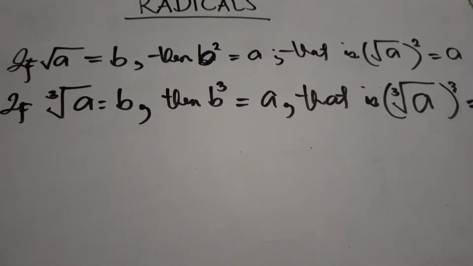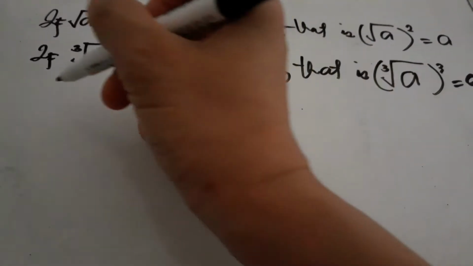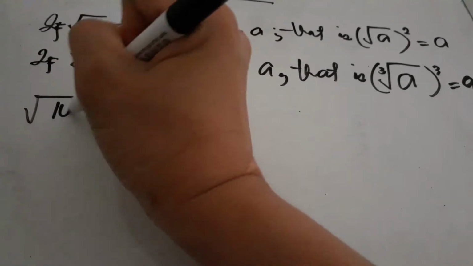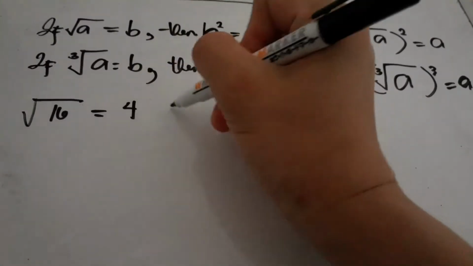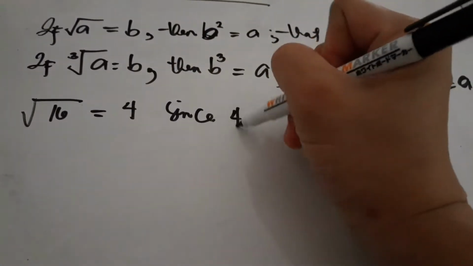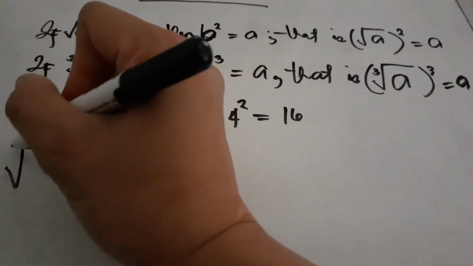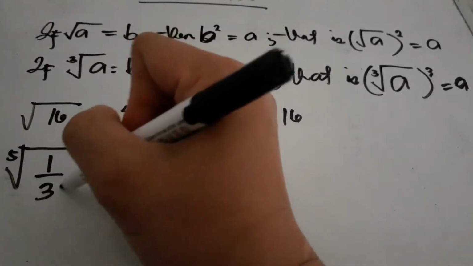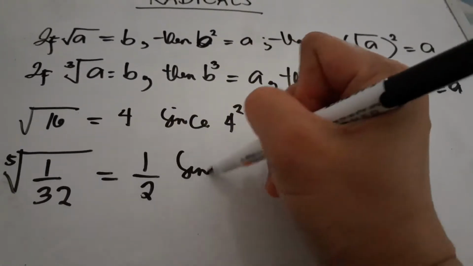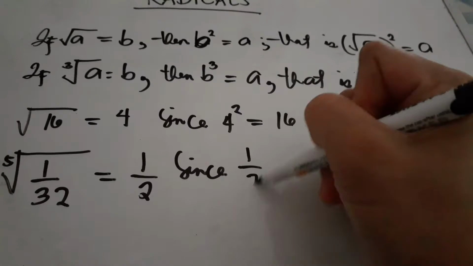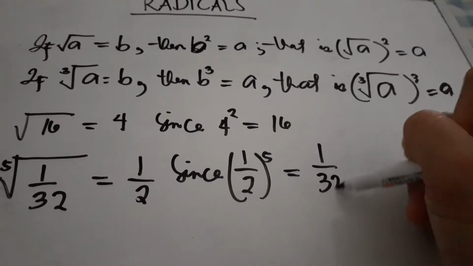Remember that the radical sign implies the principal root, which is always positive, and the value of the variables is either negative or positive. Then we have to simplify the corresponding roots. Let's illustrate: the square root of 16 is equal to 4, since 4 squared is equal to 16. The fifth root of 1 over 32 is equal to 1/2, since 1/2 to the fifth power is equal to 1 over 32.